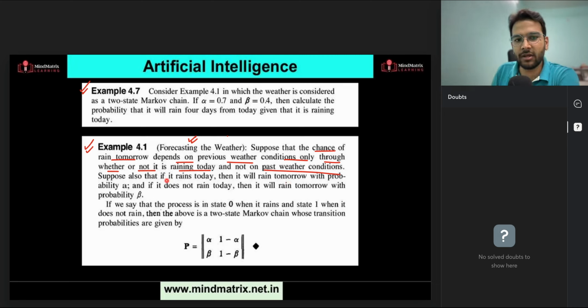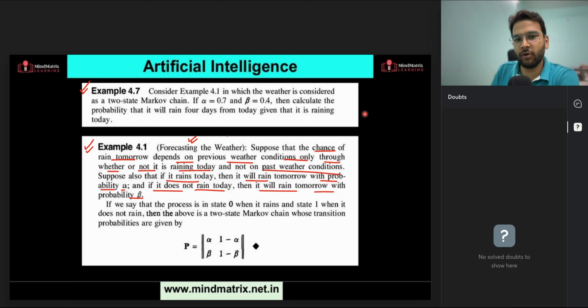Suppose also that if it rains today, then it will rain tomorrow with probability alpha. It is given to you. And if it does not rain today, then it will rain tomorrow with probability beta.